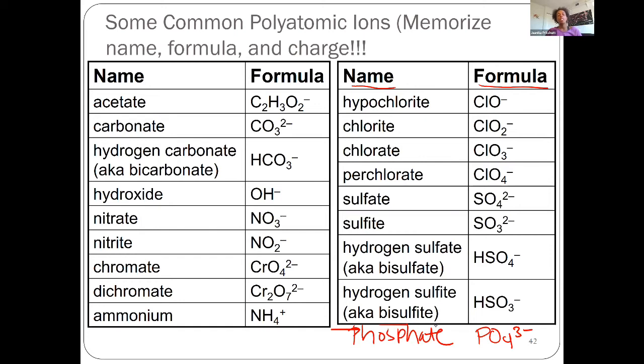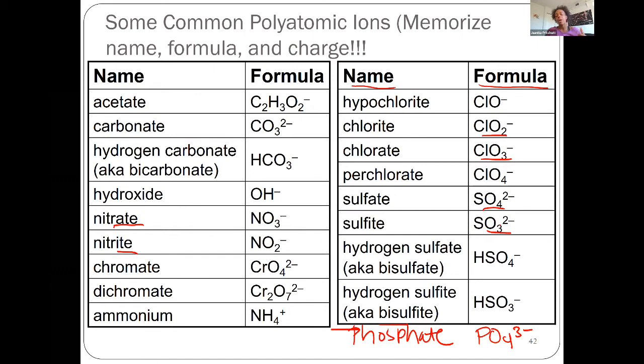Okay. And again, what you can see in this particular chart is that there are a lot of things that have some similarities. For instance, if you look at nitrate and nitrite versus chlorite and chlorate, and sulfate and sulfite, the thing you should see is that the ates always have one more oxygen than the ites.